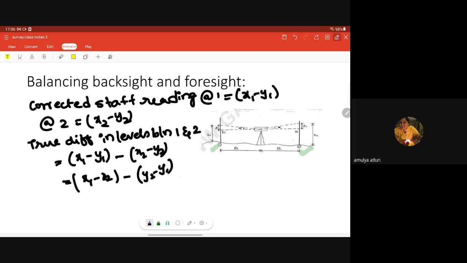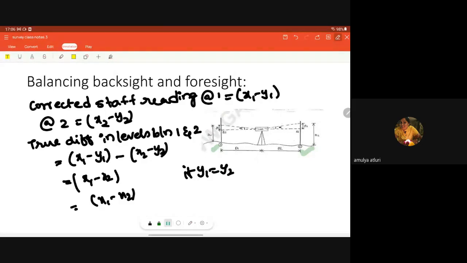Right? So if y1 is equal to y2, then it is x1 minus x2. And next, if y1 equal to y2, then d1 tan alpha is equal to d2 tan alpha.